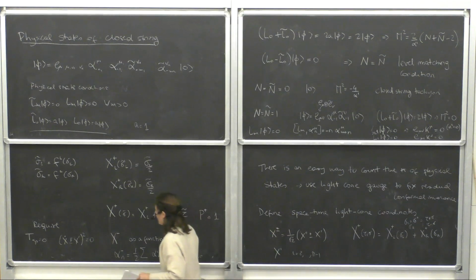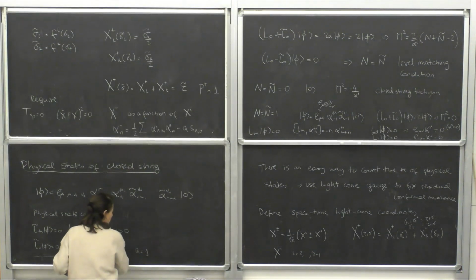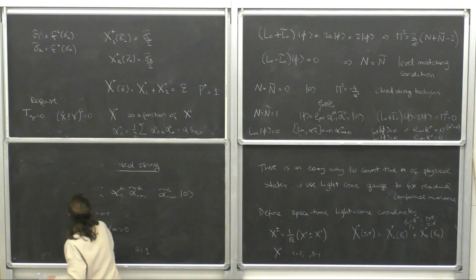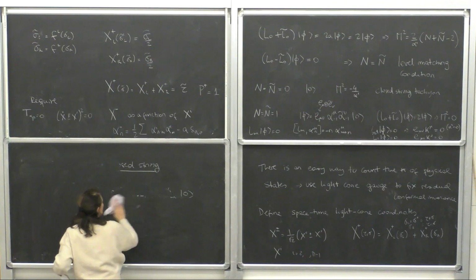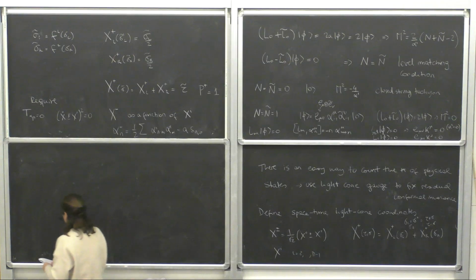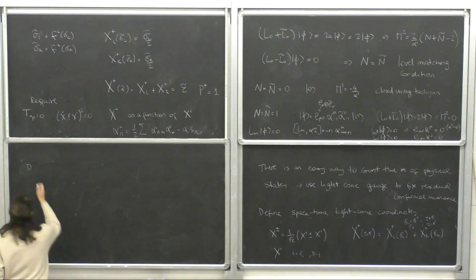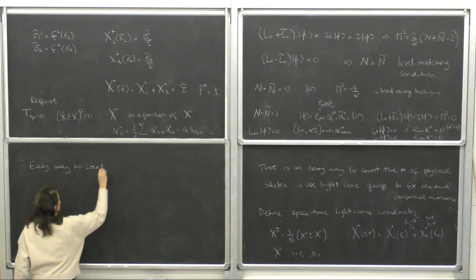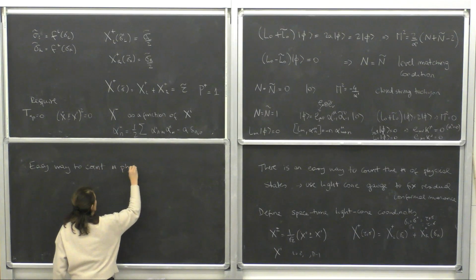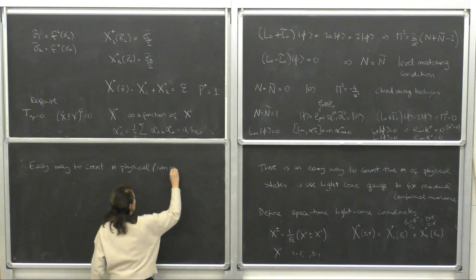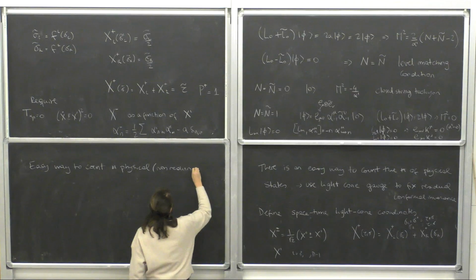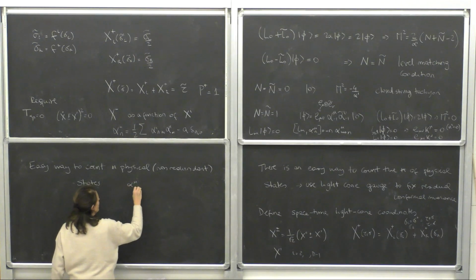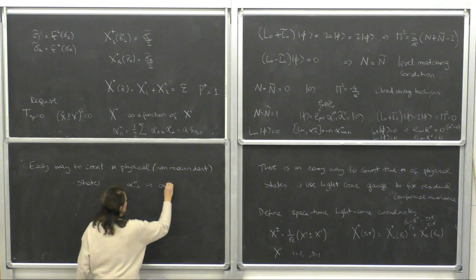So the take-home message is that the easy way to count the number of physical and non-redundant states in the Hilbert space is that whenever you have an alpha mu minus n, you count it as if this was alpha I minus n.